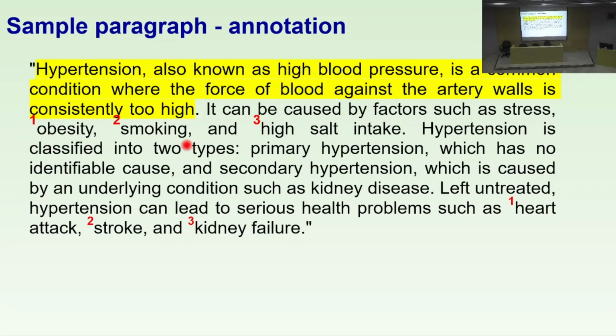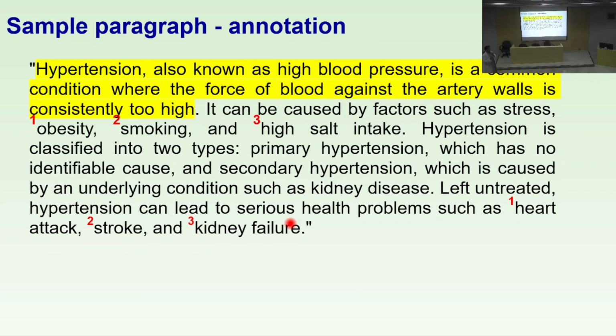These are the three causes of hypertension: obesity, smoking, and salt diet. And these are the three complications of hypertension. This is very important. Why do you have to know at least two or three? In future, you will have different types of assessment.